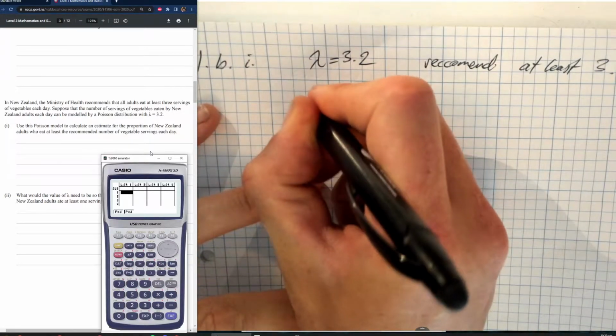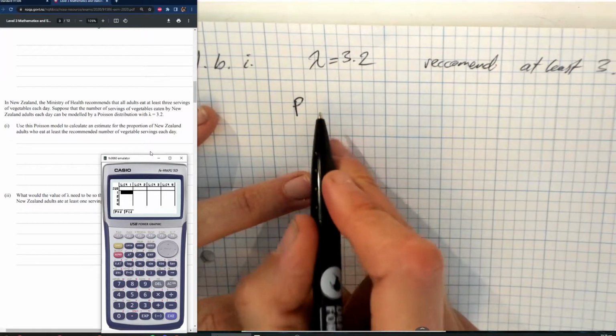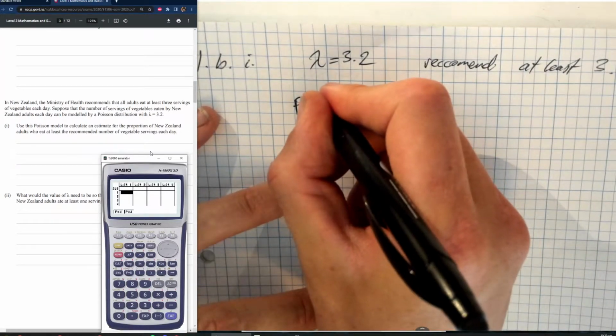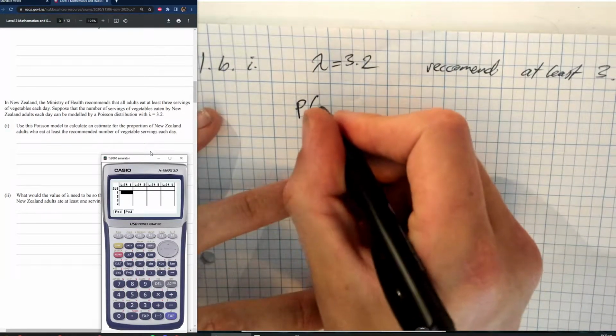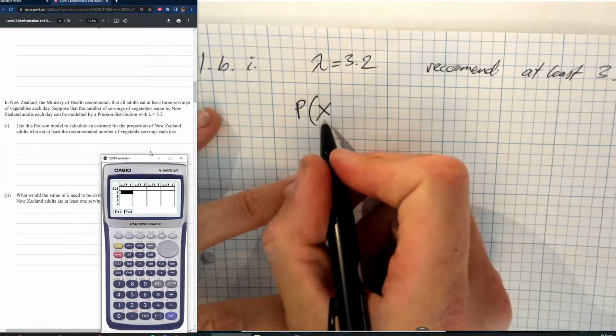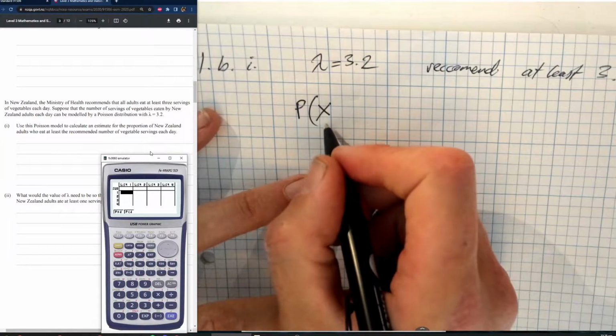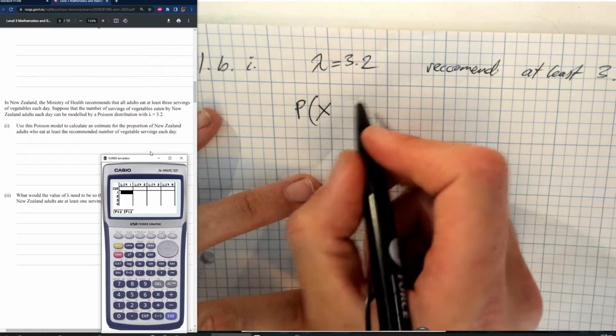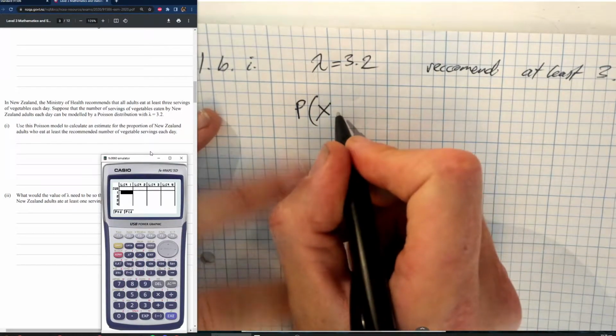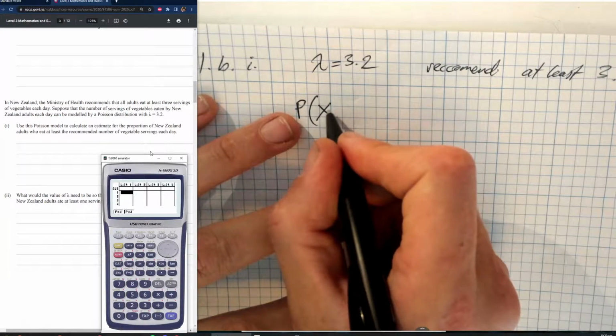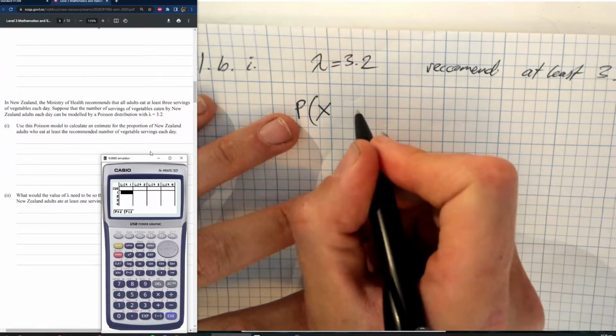So we're looking at the probability or proportion this time of this distribution. So this is the adults that have been modeled by this lambda equals 3.2 with Poisson, and we want to know when that number is at least 3.